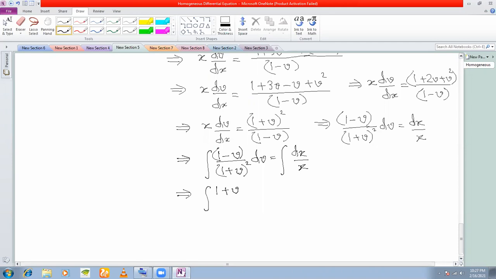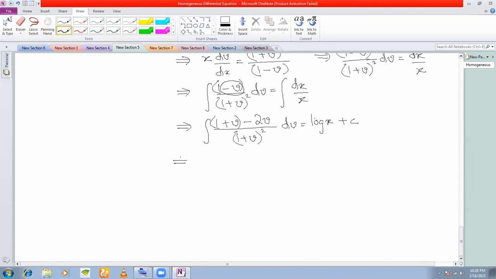And because you have added a v, you have minus v in the numerator, right? So for this you subtract 2v, divided by (1 + v)², right? dv is equal to, what is integral dx/x? Integral dx/x is log x + c.